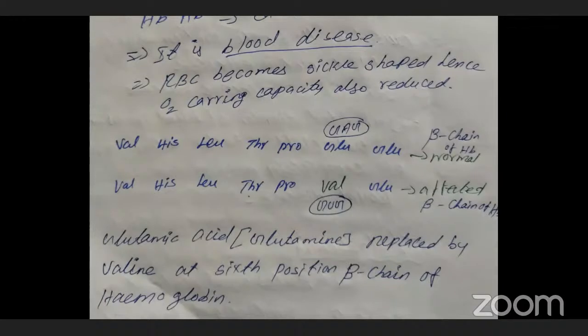You know very well that hemoglobin is made up of two kinds of subunits, alpha chains and beta chains. In the beta chain there are many amino acids, and amino acid codes are present. You know very well that codes are responsible for the production of amino acids.